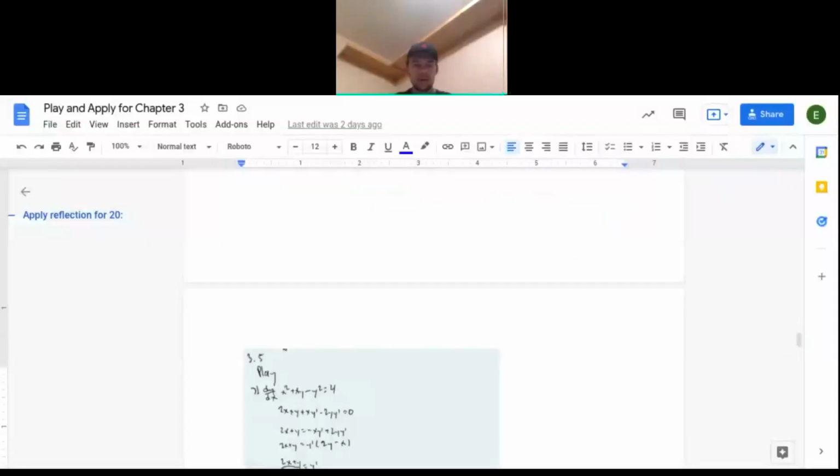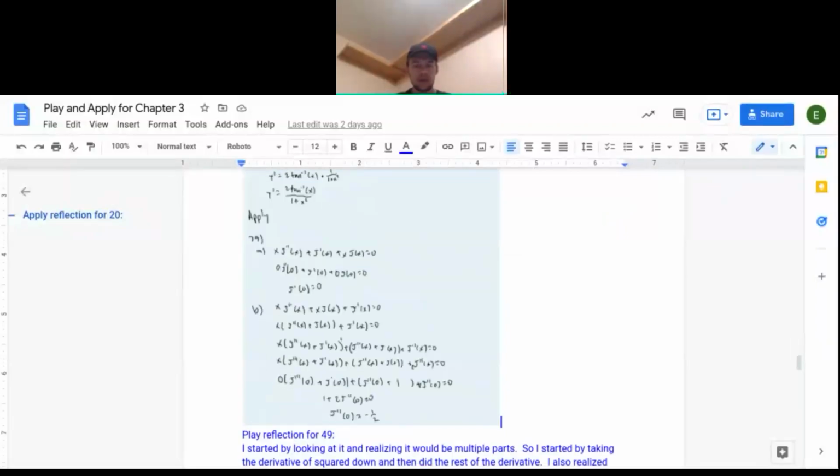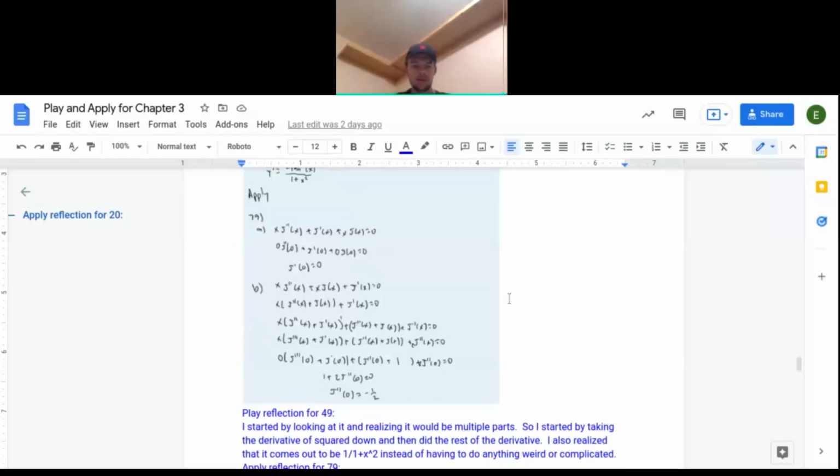Okay, 3.5 for apply. So yeah, for part A, it just comes out to 0 because they're all 0. And then for part B, you go through, you take the derivative, it ends up being a little bigger.